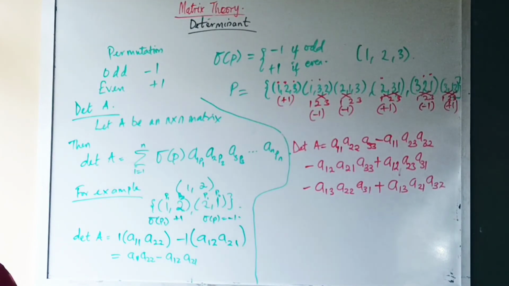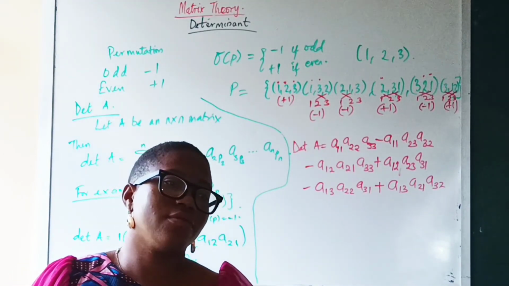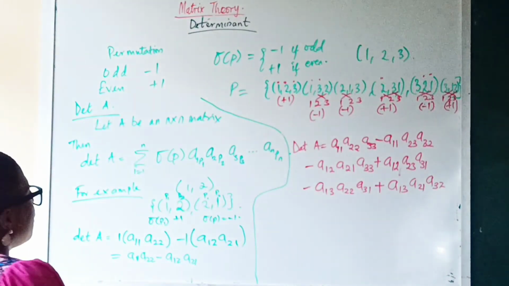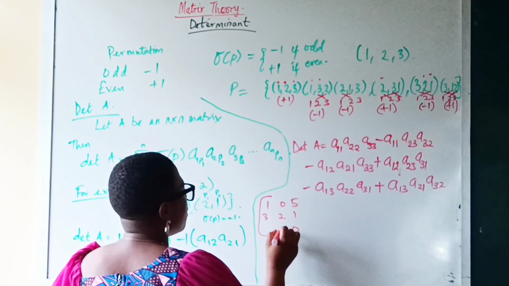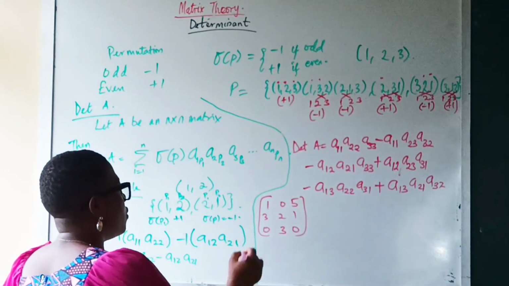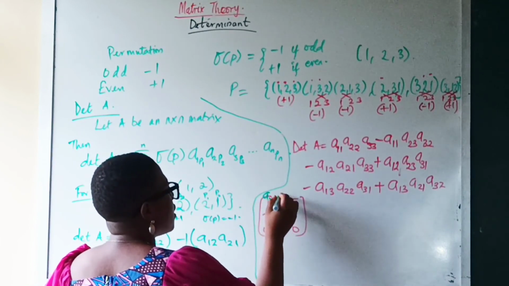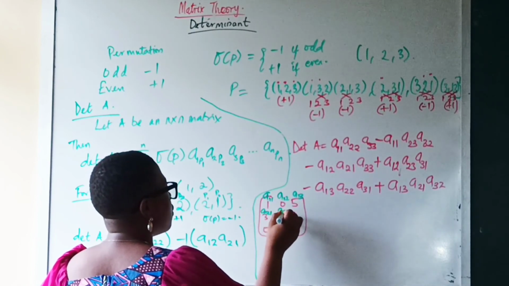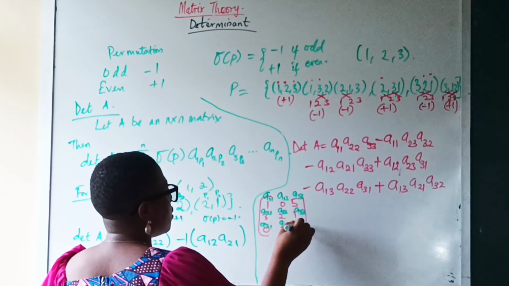So they can say use the determinant formula to find the determinant of a 3 by 3 matrix. So you use the formula first and write it down. So for example, now if you are given this 3 by 3 matrix, 1, 0, 5; 3, 2, 1; 0, 0, 3. How do we find this? We know that this is A11, A12, A13, right? This is A21, A22, A23, A31, A32, A33.